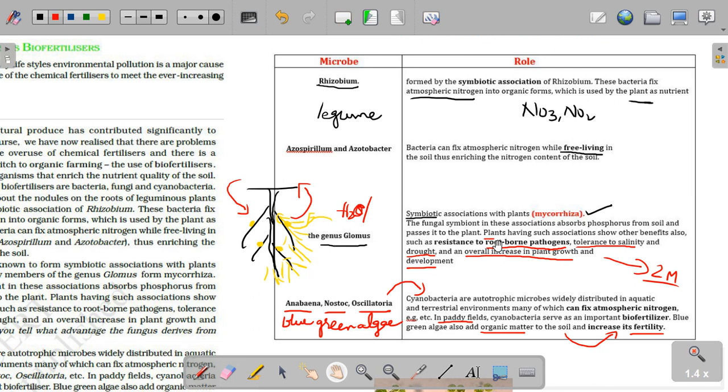Anabaena, Nostoc, and Oscillatoria are three different types of bacteria belonging to cyanobacteria, commonly called blue green algae, capable of nitrogen fixation, and thus acting as a biofertilizer by increasing the fertility of the soil. So this is all about this topic.